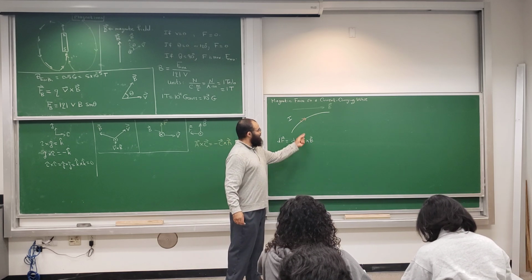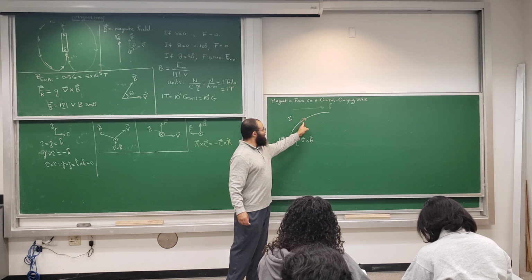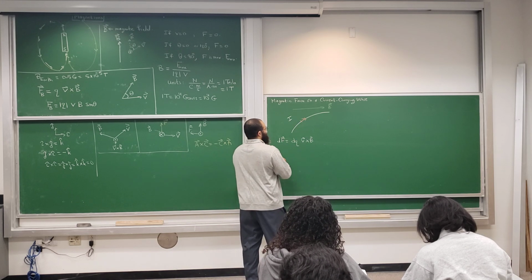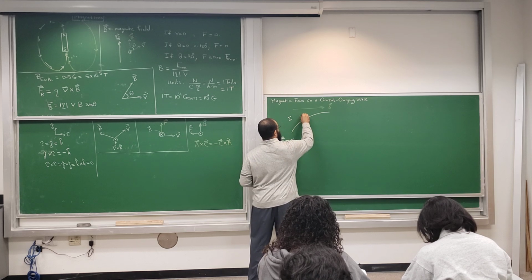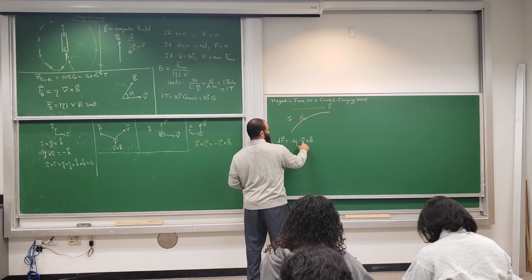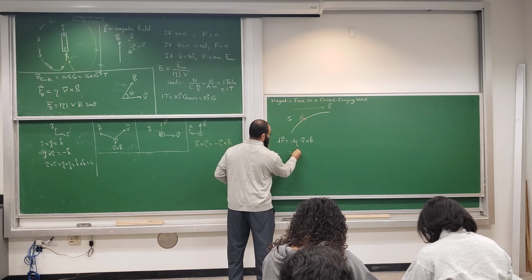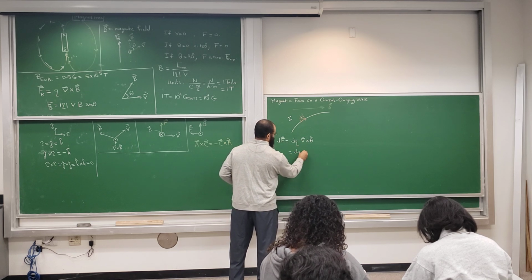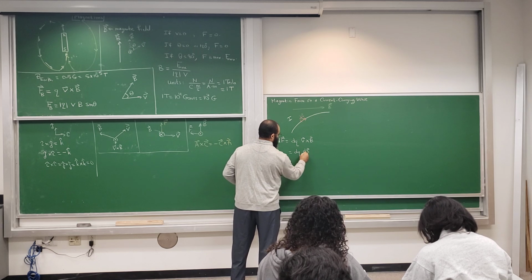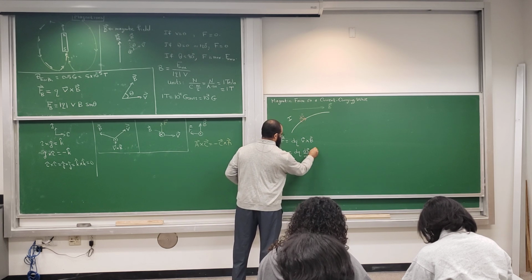Now, velocity is the rate of change of position, right? So let's say this is the direction ds. So ds/dt is the velocity. So dF is dQ times ds/dt crossed with the magnetic field.